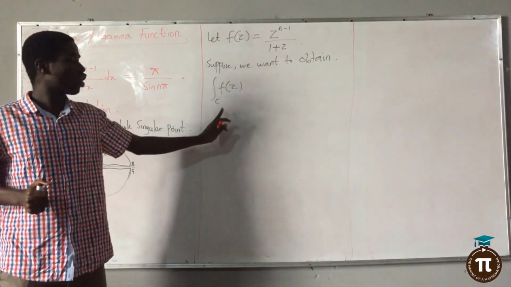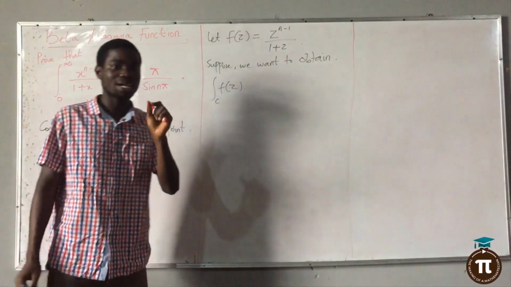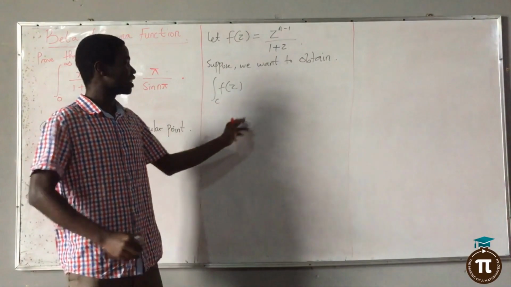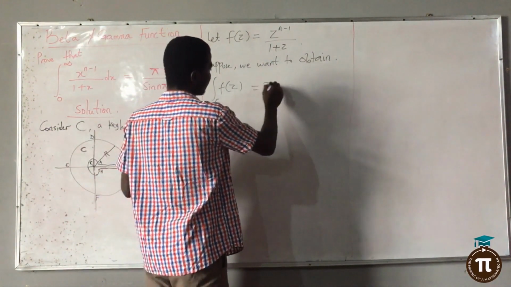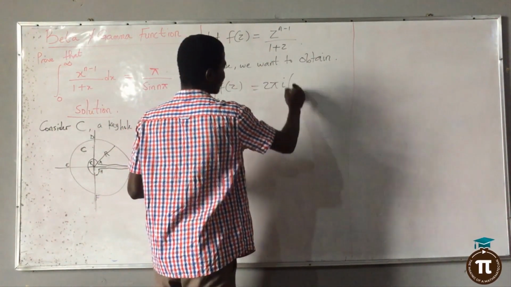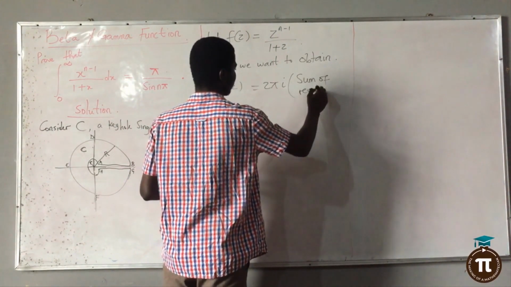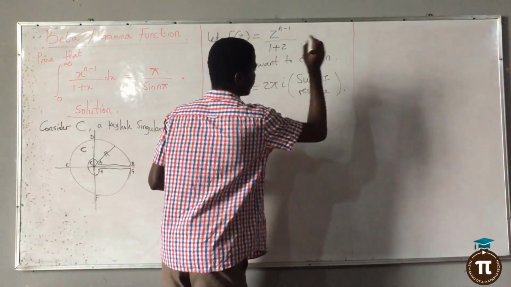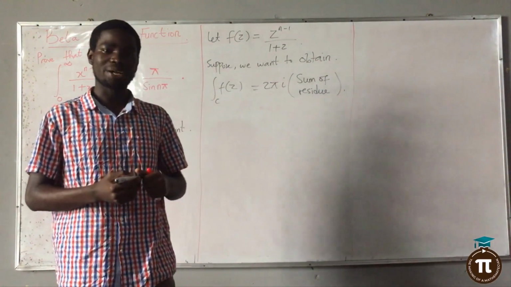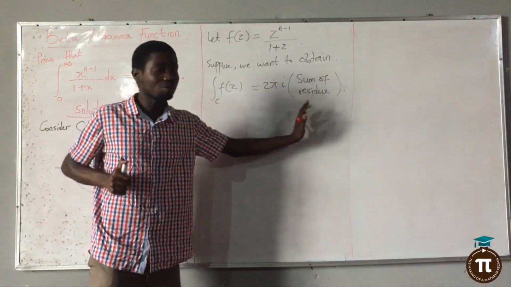Don't forget, by the residue theorem, this will be equal to 2 pi i times the sum of residues at the singular points. So that is what I'm going to be using here.